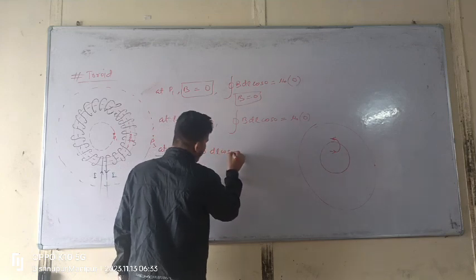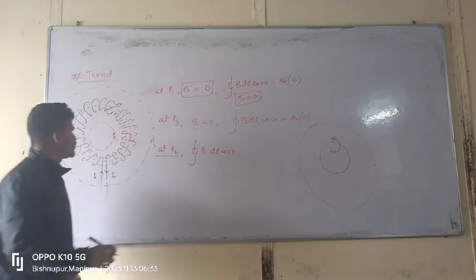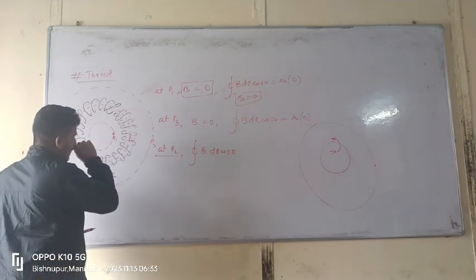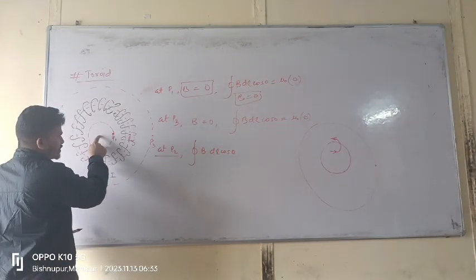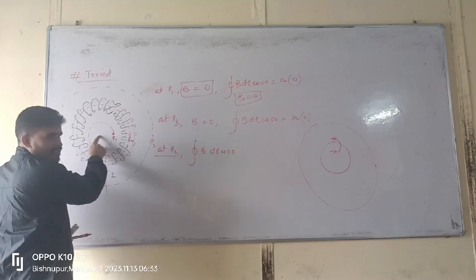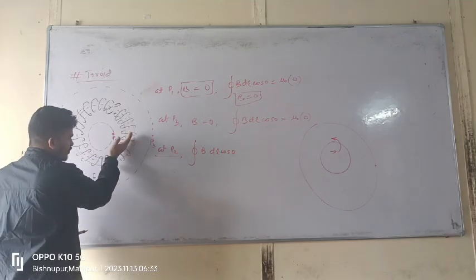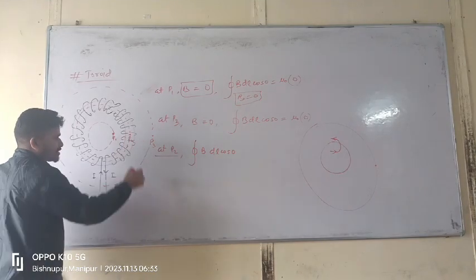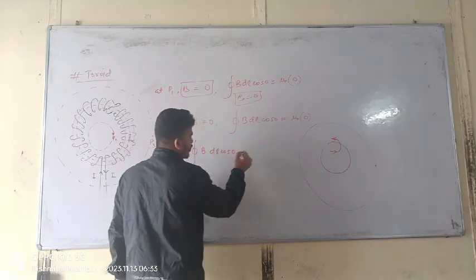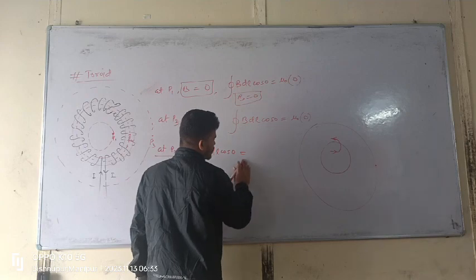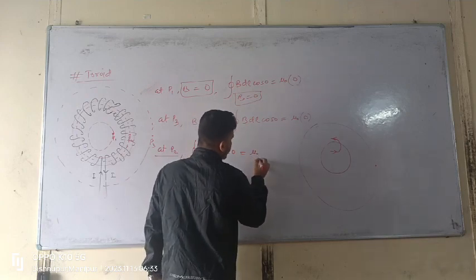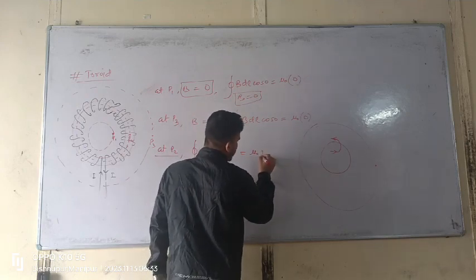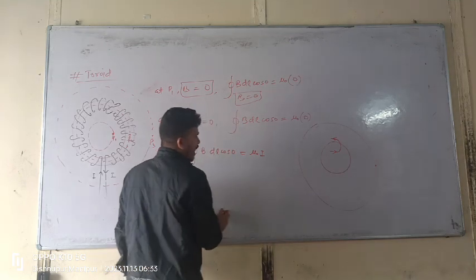Cos 0 will be there, na? I already told you why cos 0 will be there. Imagine there is current inside this. The magnetic field and the length direction will be the same, na? I already told you. What about this? This was mu naught I total, na? Yes or no? I total.